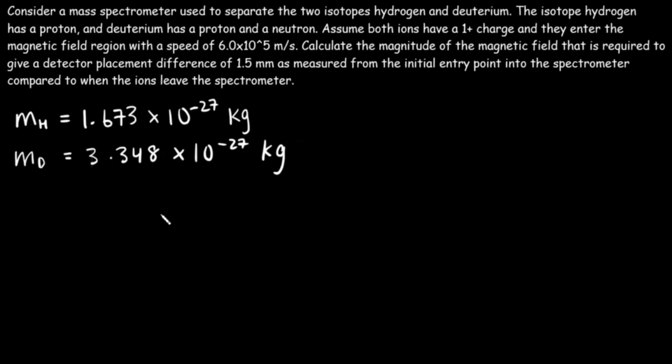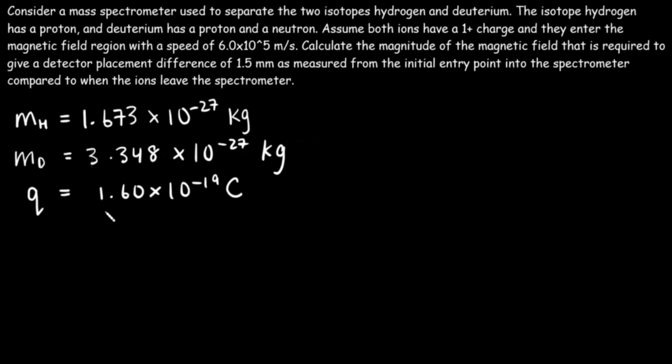Now it says to assume both ions have a 1+ charge. What does this information tell you? It's giving you the charge, and the charge is 1+. That means the charge of a proton, which is 1.60 times 10 to the negative 19 coulombs.